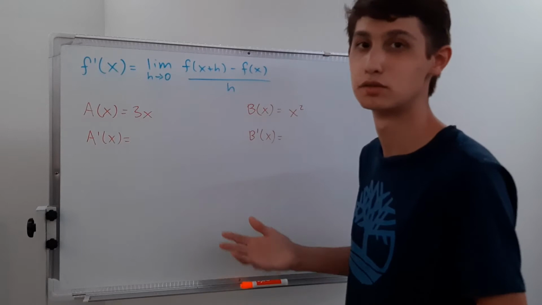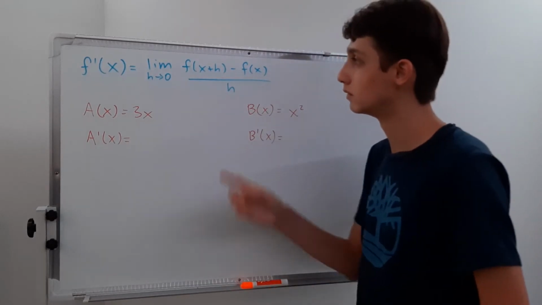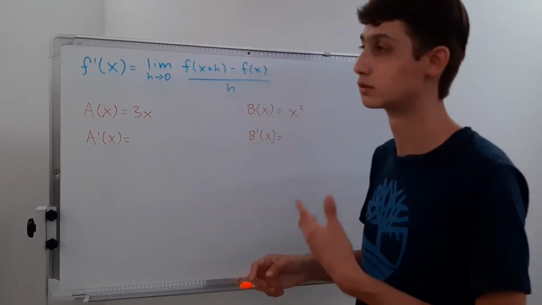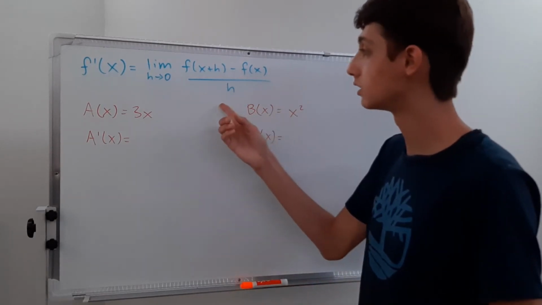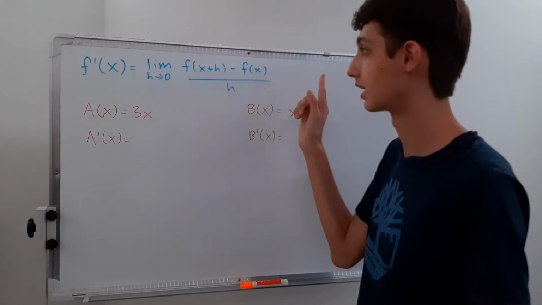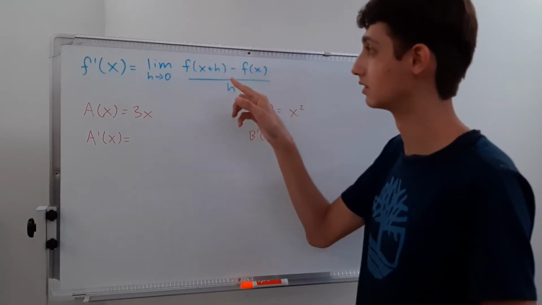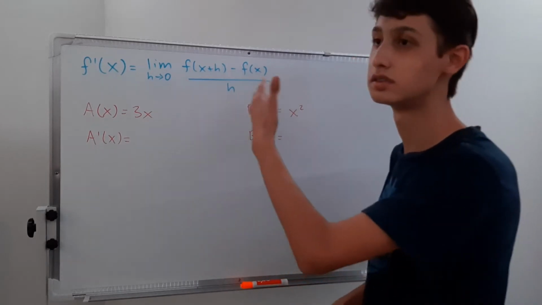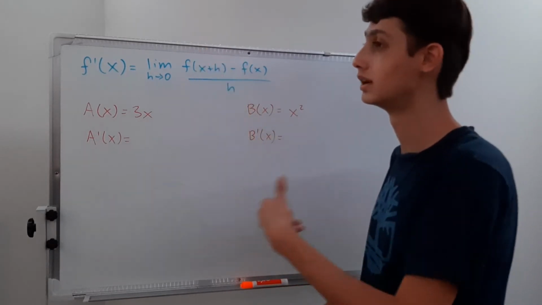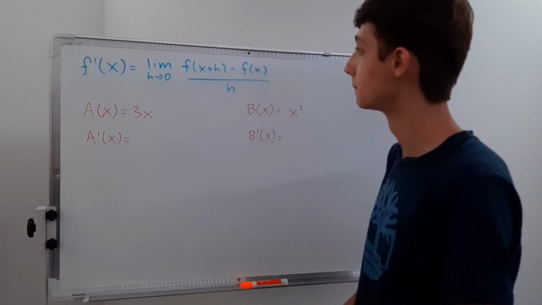Well, kind of small, okay? So f of x plus h is like your y2, f of x is your y1. H is just x plus h minus x. X plus h is your x2, and x is your x1. So all this is your slope formula, but written in a different way, okay?